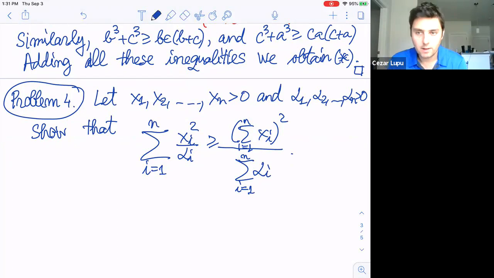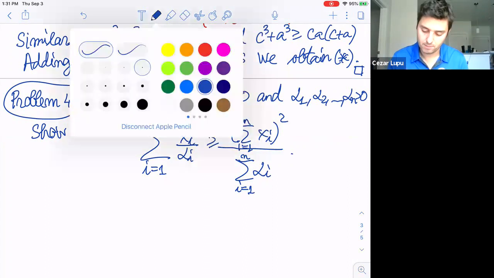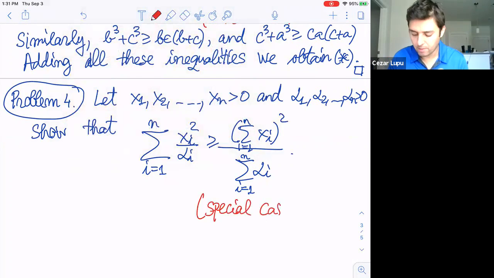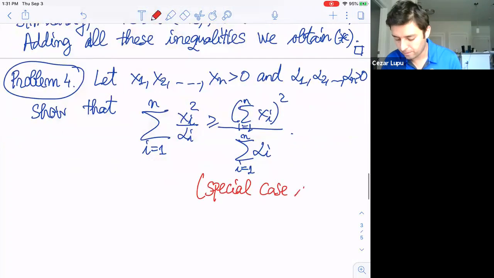Like I said, this is just a special case of Cauchy-Schwarz, and I'll say immediately why. You can prove it by induction if you want.